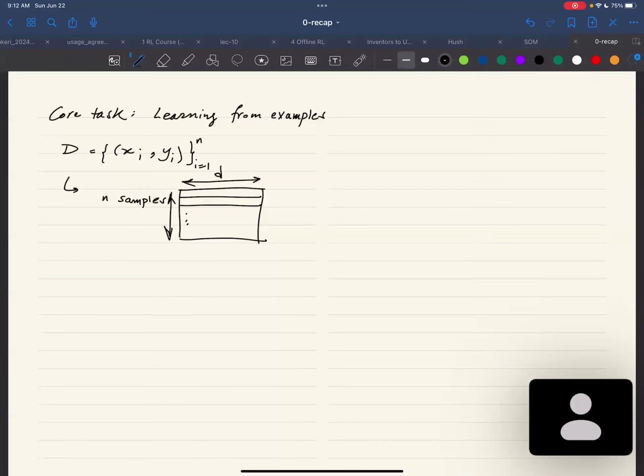In a classification task, we want to classify each sample into a class 0 or 1. So y will take the shape of a vector of n dimensions of 0s and 1s. But we can also have a regression, where f is a function from x to a real value.